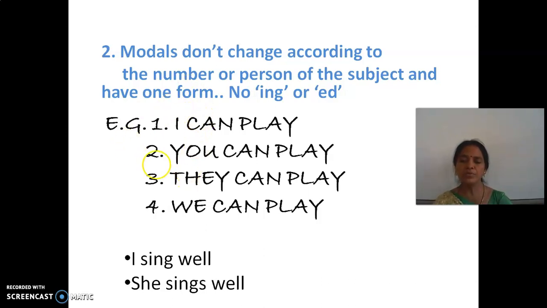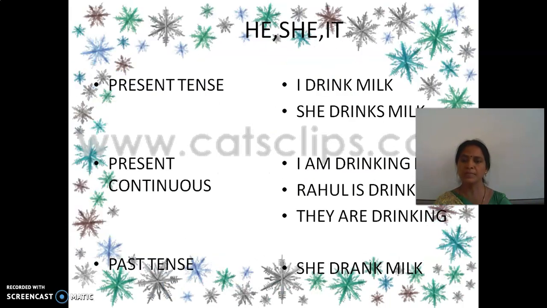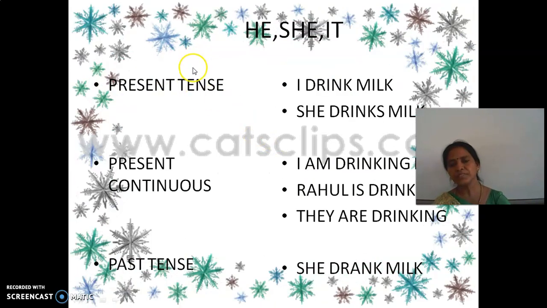When you use modals, the main verb, the principal verb, will not take any other forms. It remains the first form of the verb. Okay, children? I hope you got it. Shall we proceed with the next slide? Yeah. He, she, it.